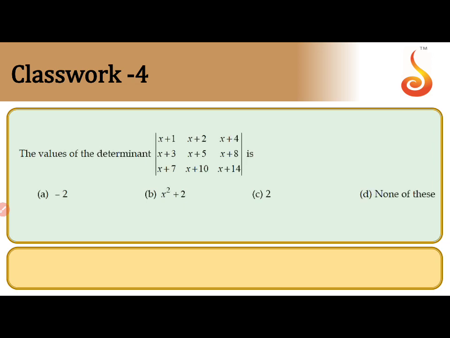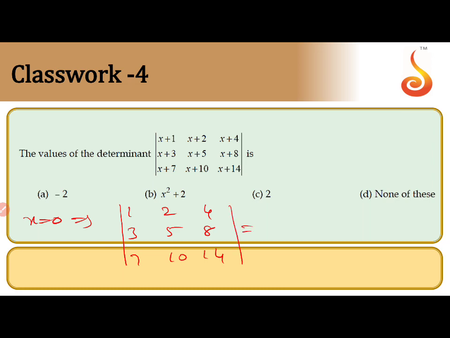Next question. They are asking the value of the determinant of the matrix. In this one, x is there in all the terms, so just assume x equals 0. It is convenient to take. Now the rows are 1, 2, 4; 3, 5, 8; 7, 10, 14.